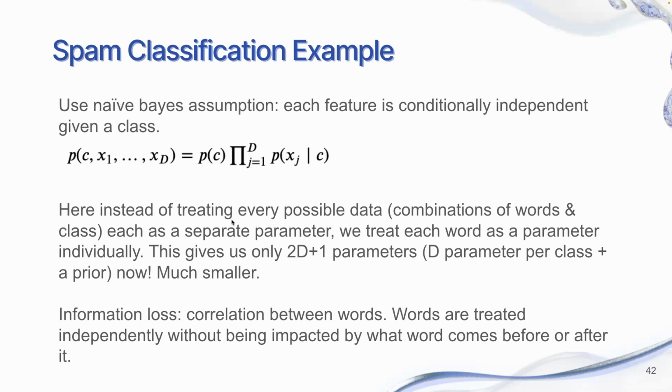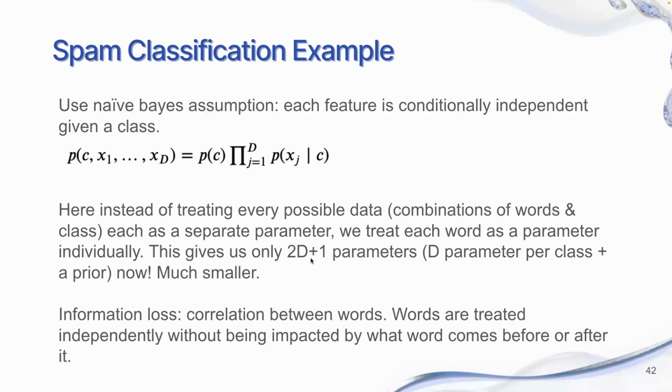So here, instead of treating all the combinations of all possible words and class together, each as a separate parameter, we only treat each word as an individual parameter. So instead of all possible combinations, we reduce the number of parameters to 2d plus 1. You have d parameters, which is d words, right?